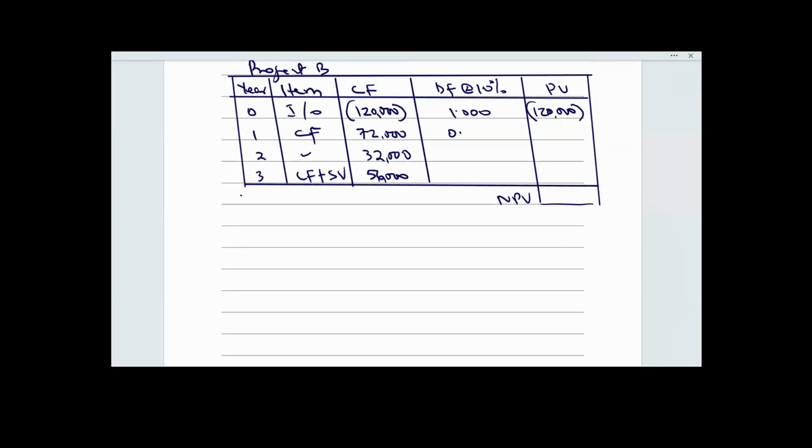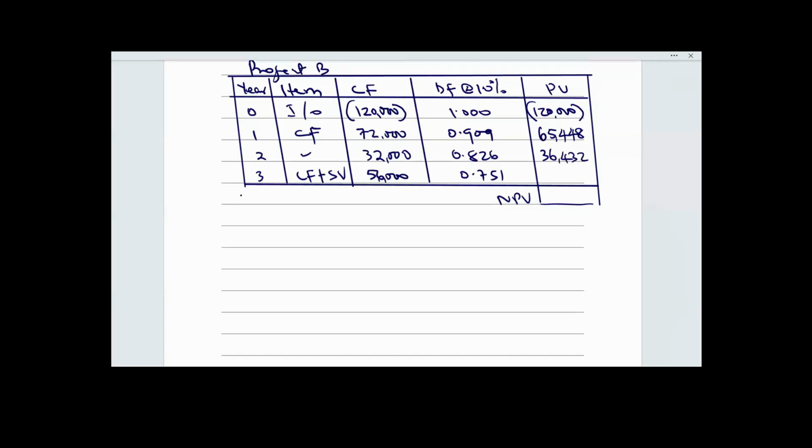So 0.909, 0.826, 0.751. So let's multiply. Year 1: 65,448. Year 2: 26,432.